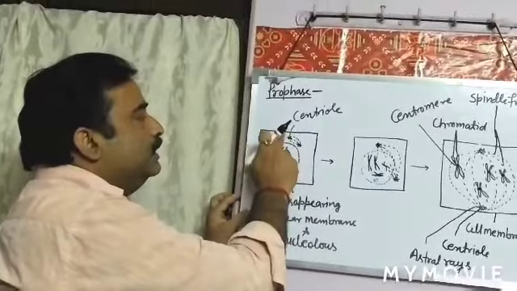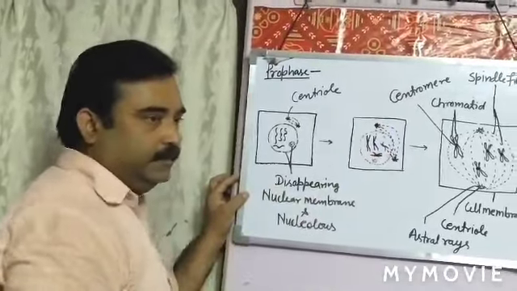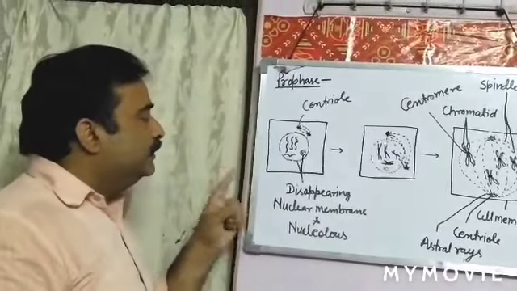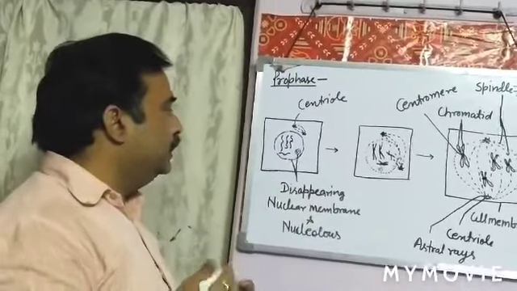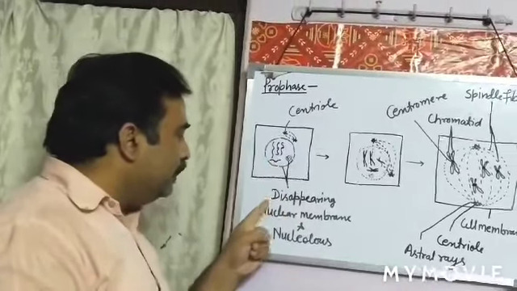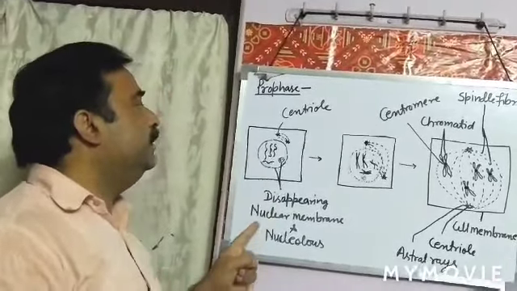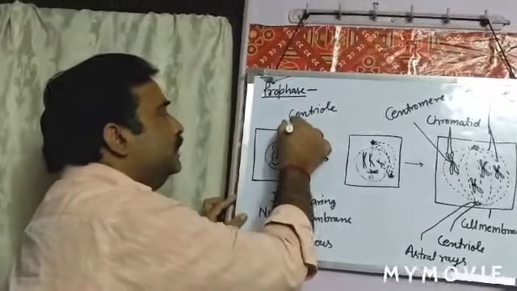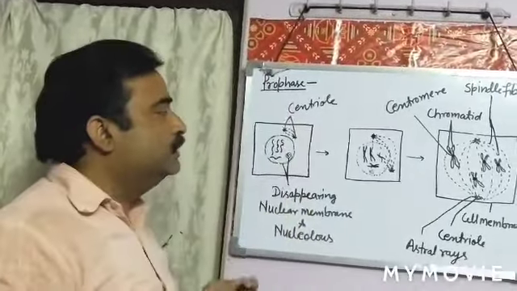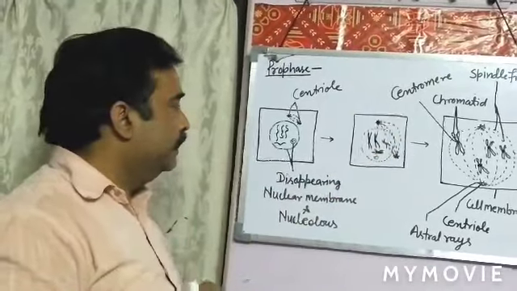It means one on this side and another on the opposite side. So these changes occur outside the nucleus. The nuclear membrane and nucleolus start disappearing, the centrosome is split and produces two centrioles, and the centrioles start moving towards the opposite poles. You can see in the next diagram.